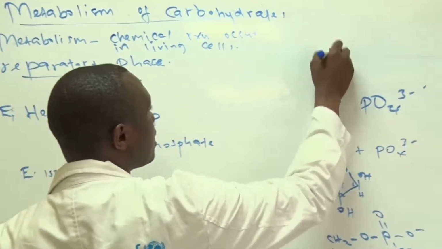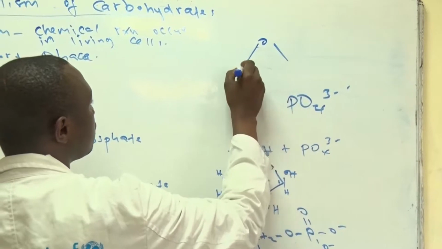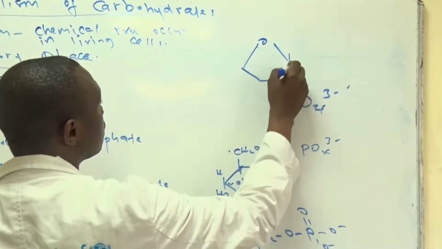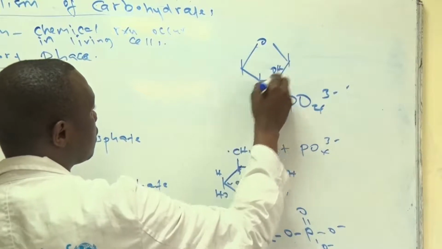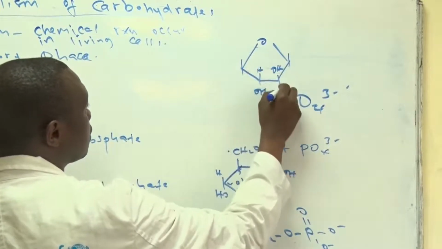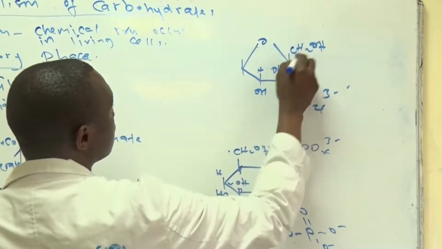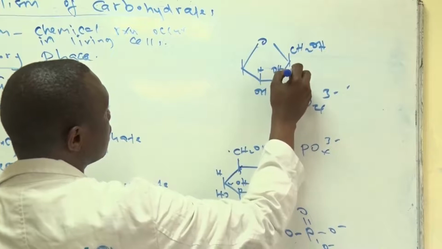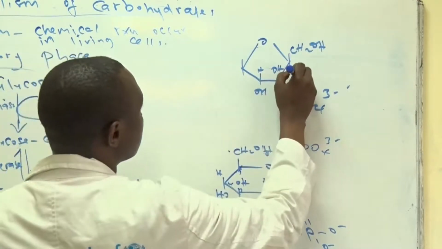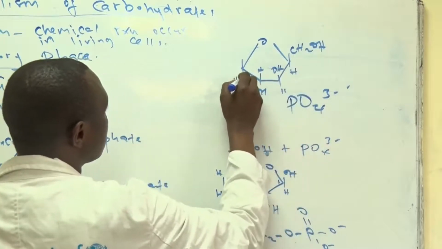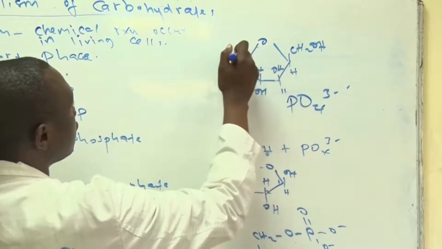Again, you can indicate it there. The fructose molecule, remember we had said it's carbon number 6, so it's carbon number 1, 2, 3, 4, 5, 6.